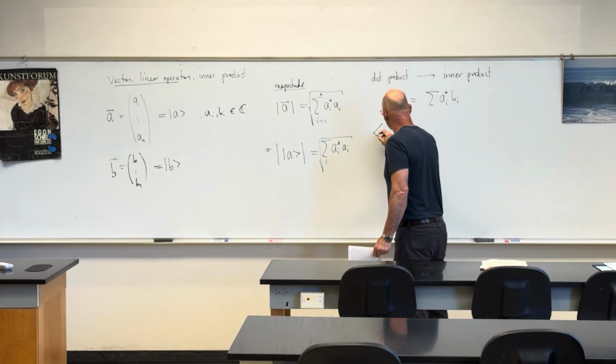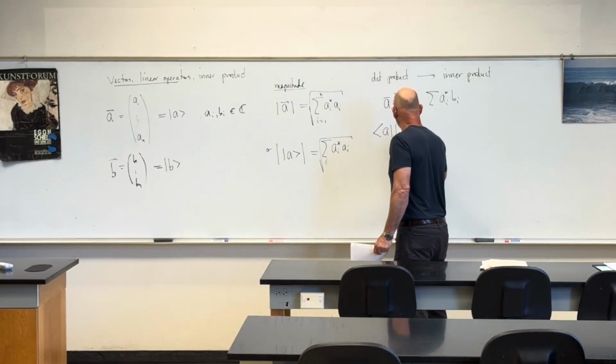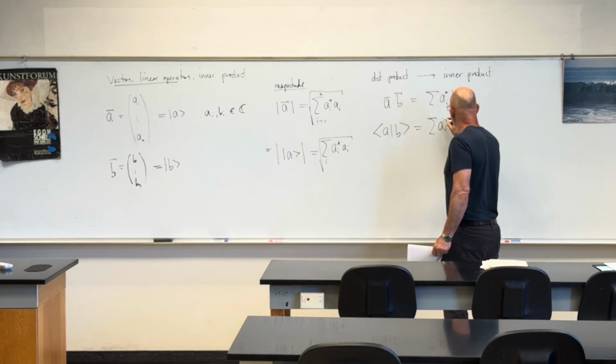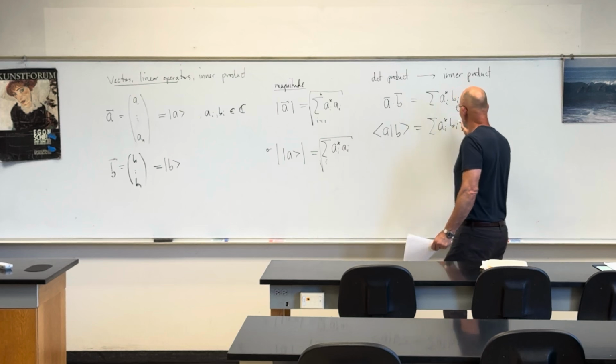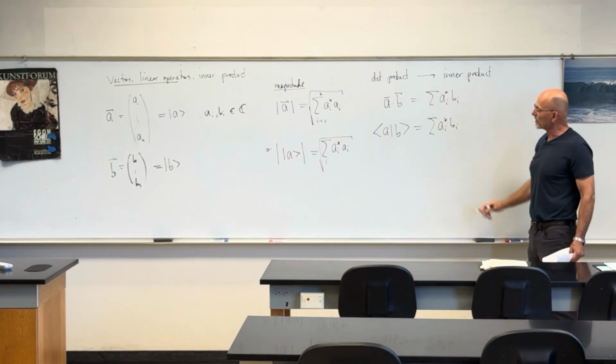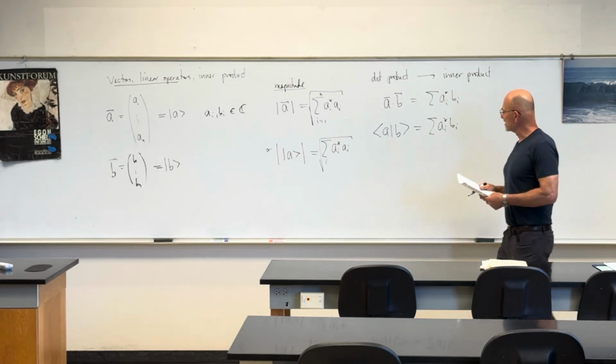And that generalizes to the inner product of A and B equals the sum over A sub i star B sub i. So that's how we're generalizing. We have to make sure we take into account these are complex numbers. So that's the inner product.